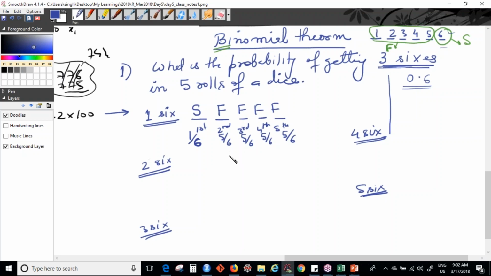So the probability of getting one success in 5 rolls of a dice, what is it? I will just multiply these numbers and that will give me the probability of getting 1 six in 5 rolls of a dice.